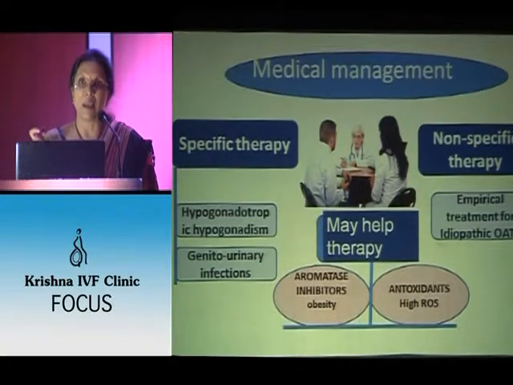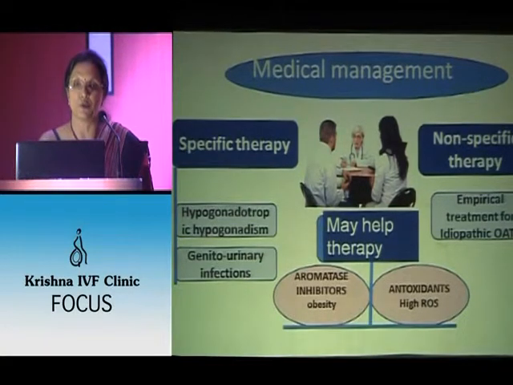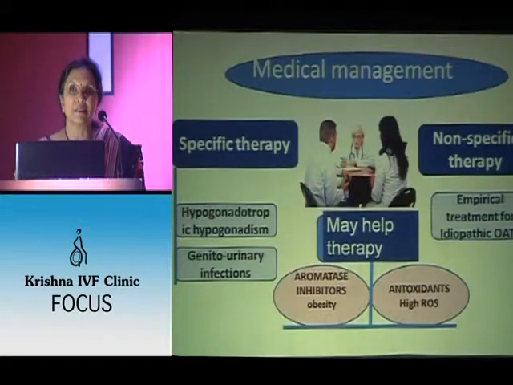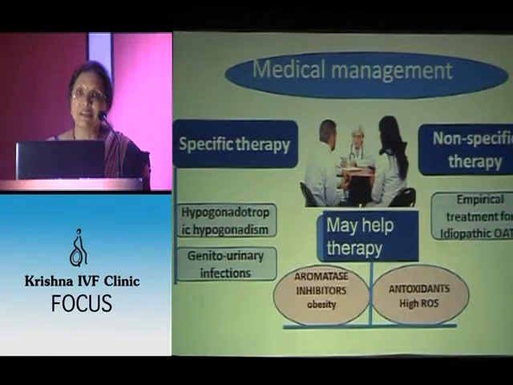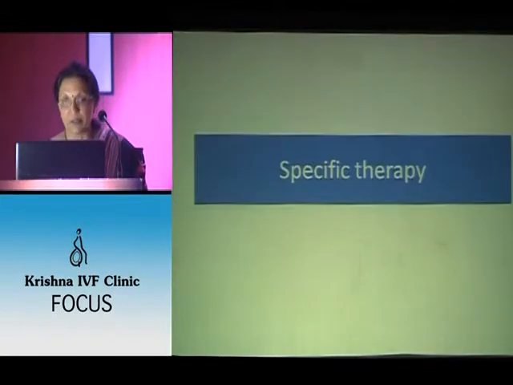One is a well-diagnosed hypogonadotropic hypogonadism and established genitourinary infections. So we move on to all these 3 areas of therapy medically, because this is where we as gynecologists can help our patients without having to refer them for higher treatment.